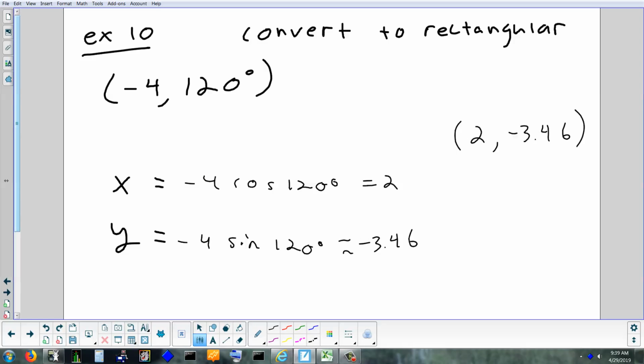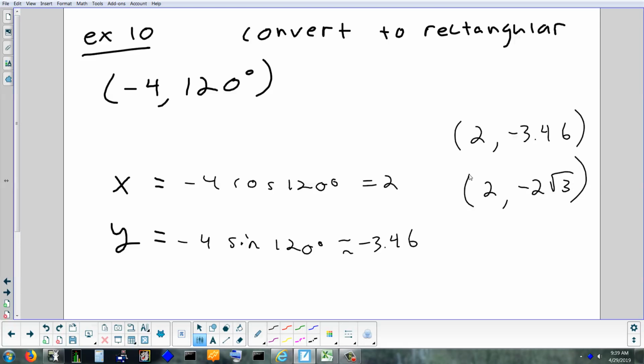All right. Now, on the test, you might see the answer written this way. Let's see, 2, comma. You might see it written like this. So this goes back to unit circle trig.